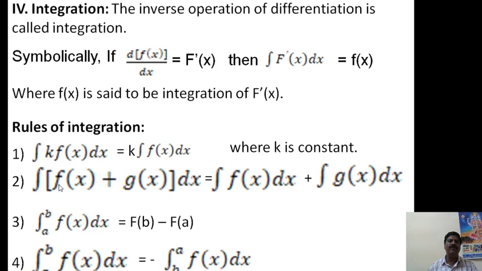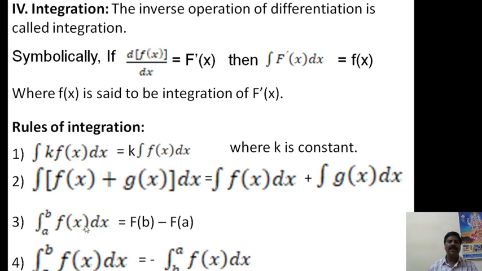Therefore, integration of f of x plus g of x dx is equal to the integration of f of x dx plus the integration of g of x dx. These two rules belong to indefinite integration.